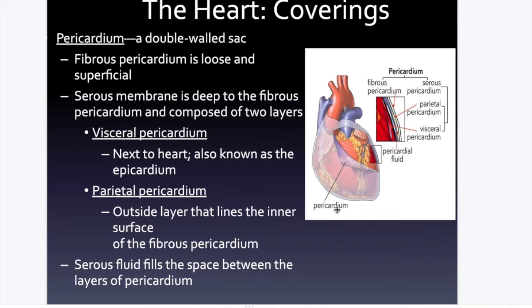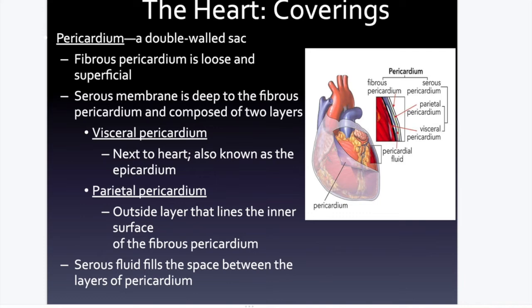If we peeled this back, this part would be the parietal pericardium, and then what actually makes up the outside of the heart, which we call the epicardium, is also called the visceral pericardium, so the inner layer of the pericardium. There is, as I mentioned, fluid in there. We call that serous fluid. As the heart is pumping inside of this pericardial sac, it keeps the membrane from sticking to the heart.